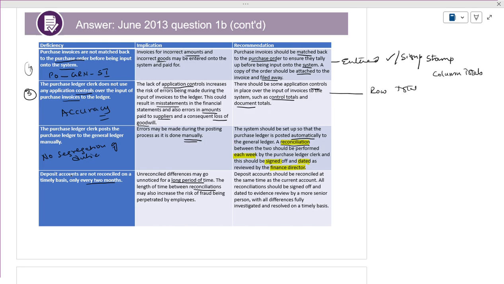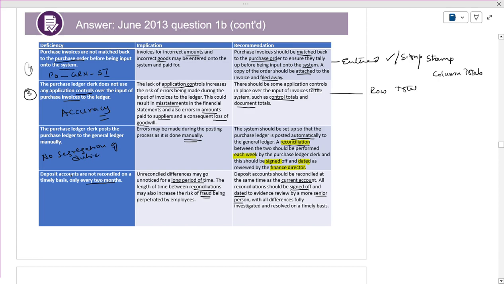Fine? If you don't do it on a monthly basis, definitely there will be some fraud. Bank reconciliation is important. Deposit accounts should be reconciled at the same time as the current account. Once you are doing the reconciliation, it should be signed off and dated by a responsible person.